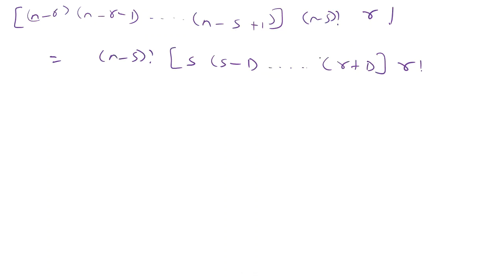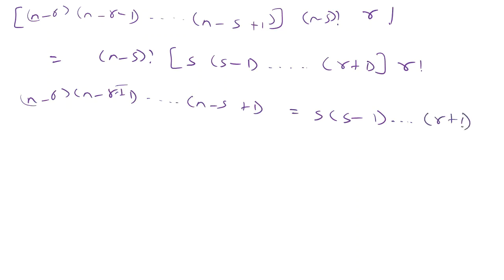So we can cancel out n minus s factorials, and then we'll have this result: n minus r times n minus r minus 1, and so on, up to n minus s plus 1, is equal to s times s minus 1, and so on, up to r plus 1.